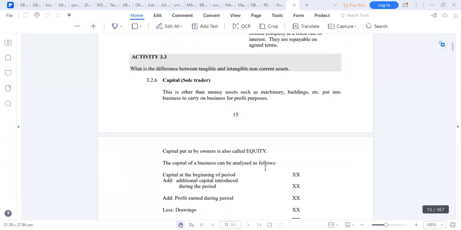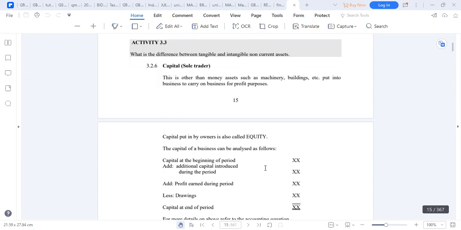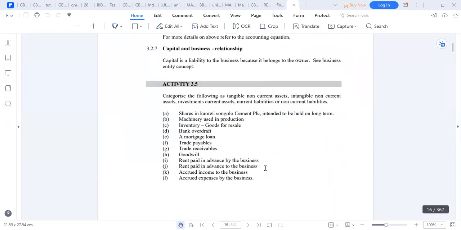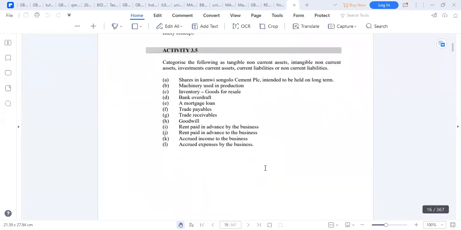So what is the difference between the tangible and intangible assets? I may ask, what is the difference between tangible and intangible assets? We say non-tangible assets, for example, goodwill, and then tangible assets depends, can be current or fixed.